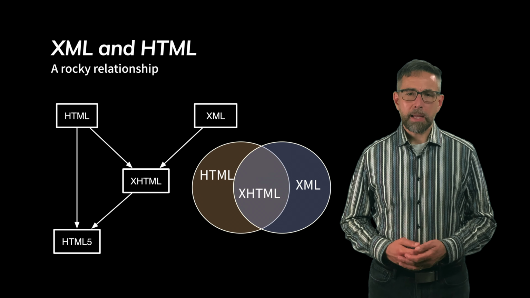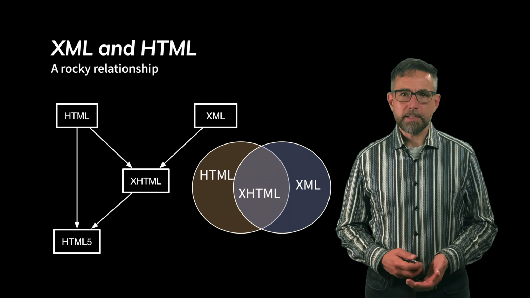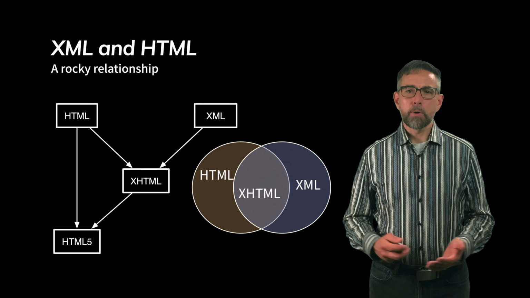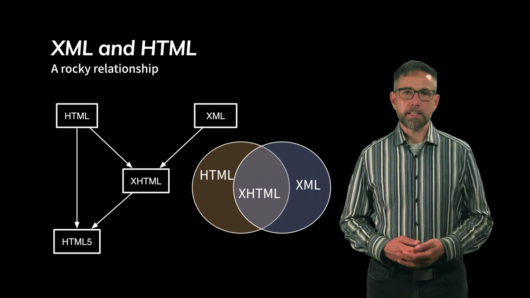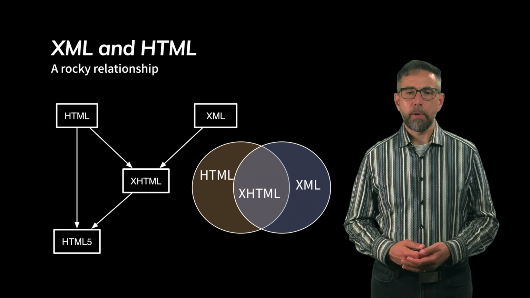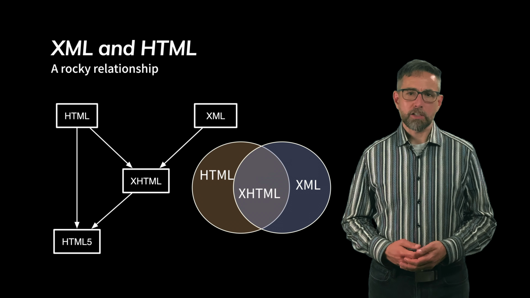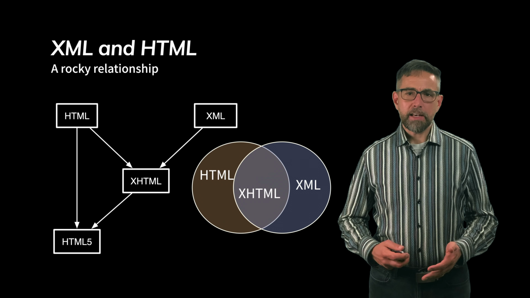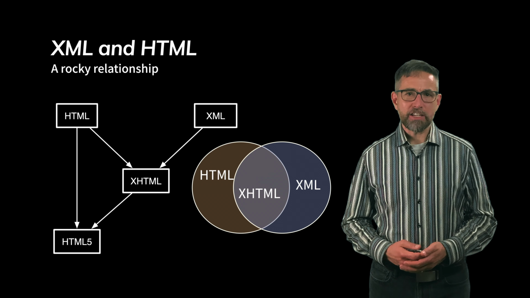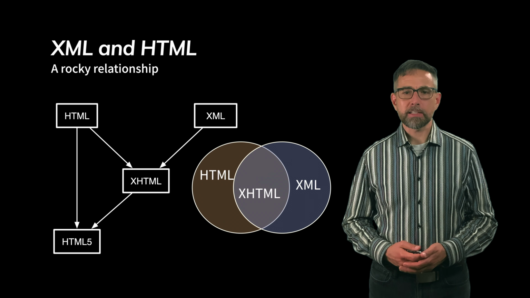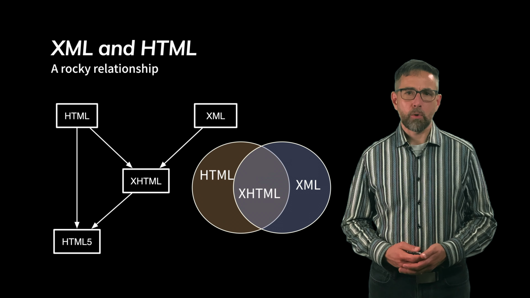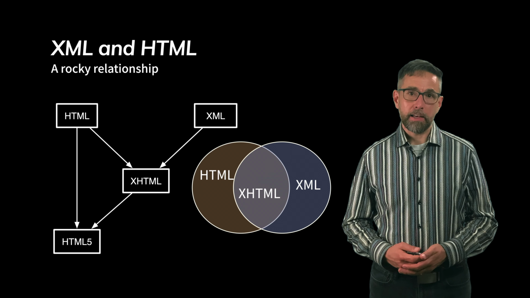And so a move was made by the standards body, the W3C, to try and coordinate a merging of the two into HTML and XML so that both of them would be one standard called XHTML. And as the Venn diagrams show, XHTML are those documents that are both well-formed XML and valid HTML.